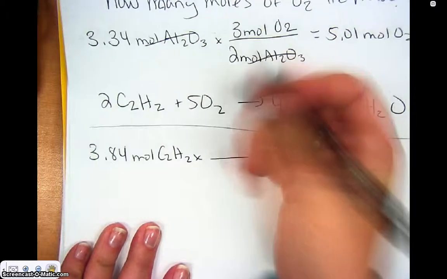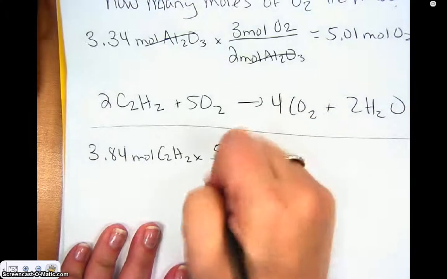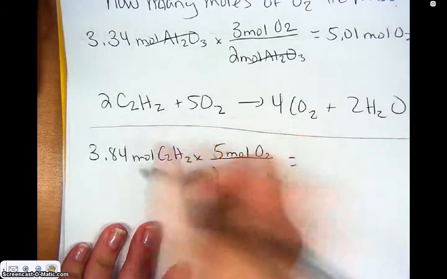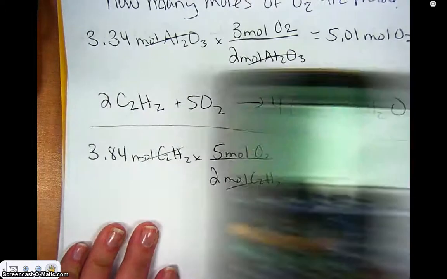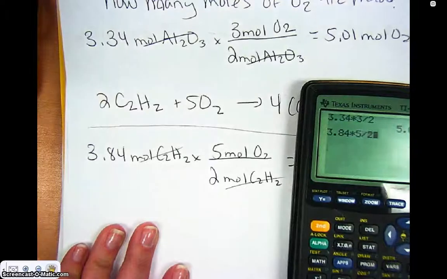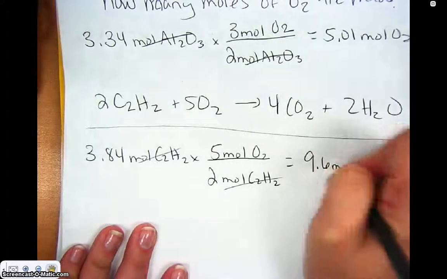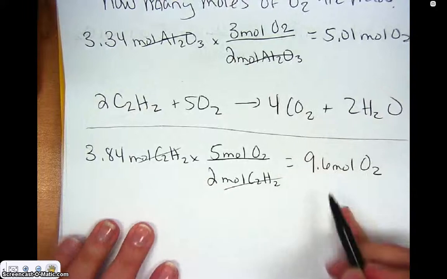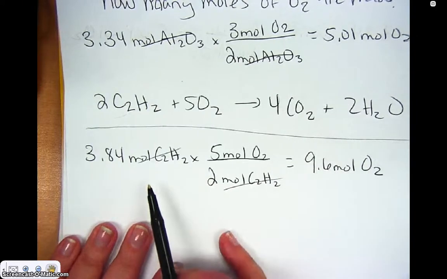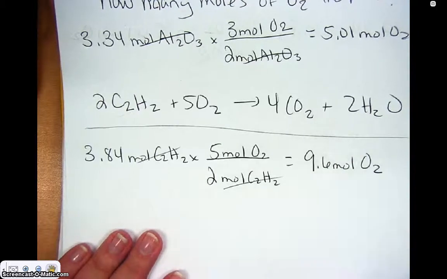So the moles of oxygen need to go on top, and the moles of C2H2 go on the bottom. So this will cancel, and we are left with 3.84 times 5 divided by 2, and I get 9.6 moles of oxygen. So that would be the stoichiometric amount, the exact amount of each reactant that needs to be reacted so that everything is converted and changed over to products.